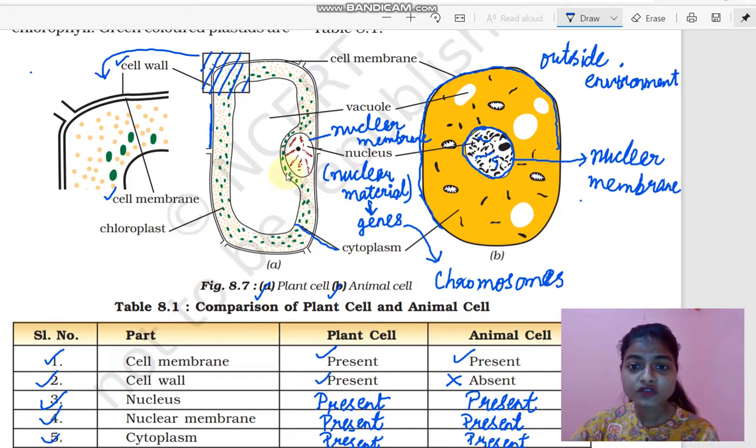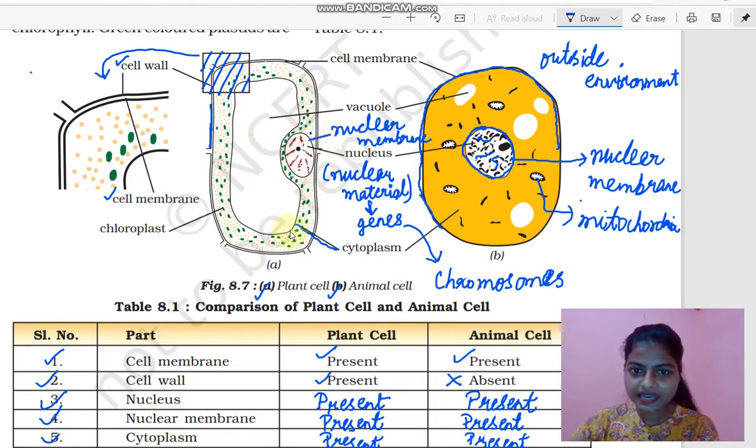And what is the function of cytoplasm? It holds all the content of the cell, or we can say the cell organelles. What is this? This is mitochondria. So cell organelles like mitochondria and plastids are all present in cytoplasm.